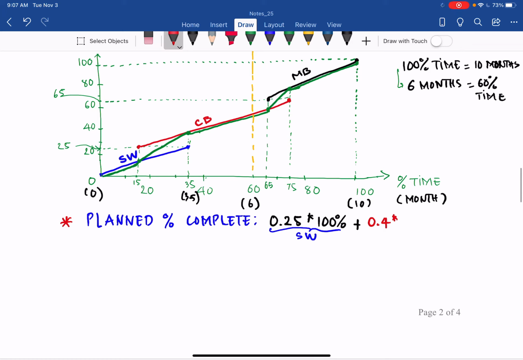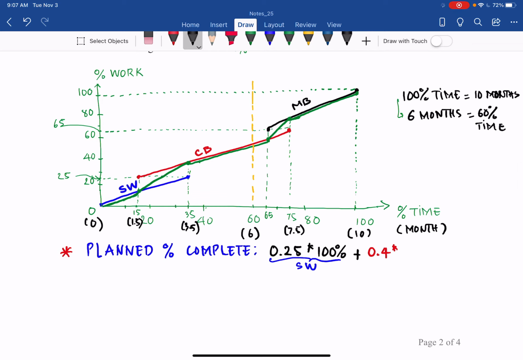For the concrete building, we schedule to start at 15%, which is 1.5 months, and we finish at 75%, which is 7.5 months in this scenario. So we plan to complete this concrete building at 7.5 months. But now at 6 months, at the yellow current date, the concrete building is not planned to be complete.